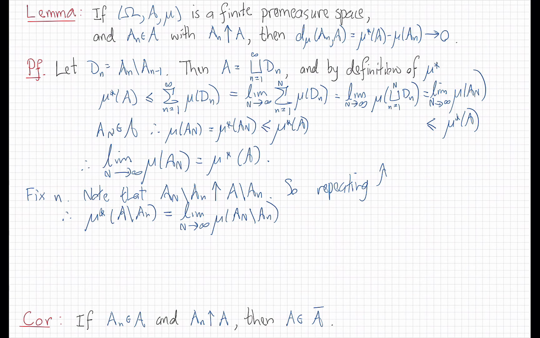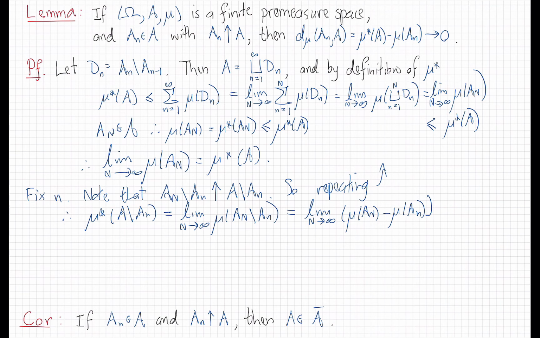Now, mu is certainly a finitely additive measure on the field A, and both of these sets are in the field A. So, by the finite additivity of the measure, this is the same as the limit, as capital N goes to infinity, of mu of an minus mu of A little n.